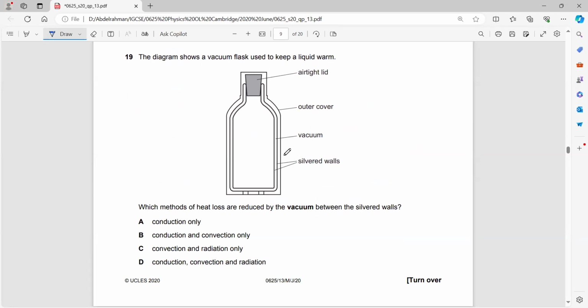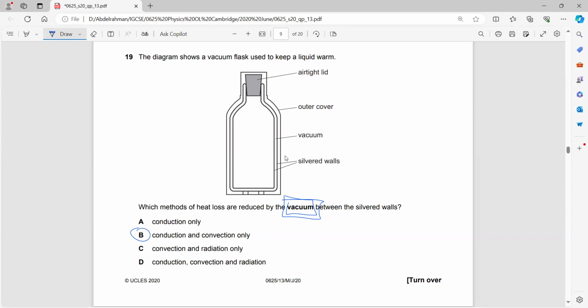The diagram shows a vacuum flask. Which methods of heat loss are reduced by the vacuum? In the vacuum, conduction and convection cannot occur. You cannot prevent radiation in a vacuum.